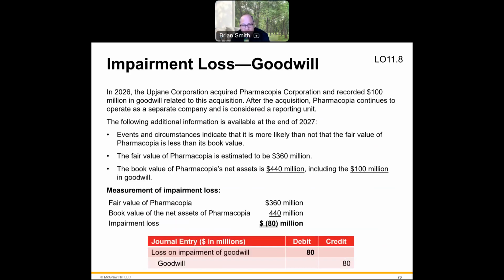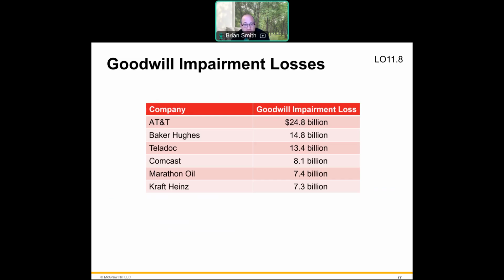So the fair value of Pharmacopoeia is estimated to be 360 million, but our book value of holding it is 440 million, including the 100 million in goodwill. Well, that's an $80 million loss, right? So we're going to reduce our goodwill by 80 million because the assets are no longer really worth as much as when we bought it. So that one's kind of an easier one. You just have to know that information.